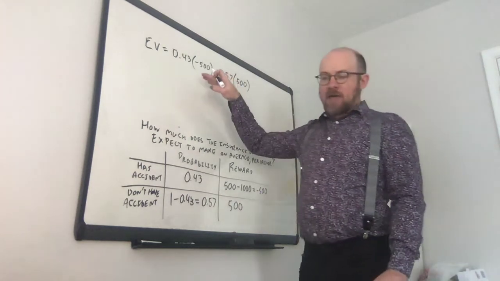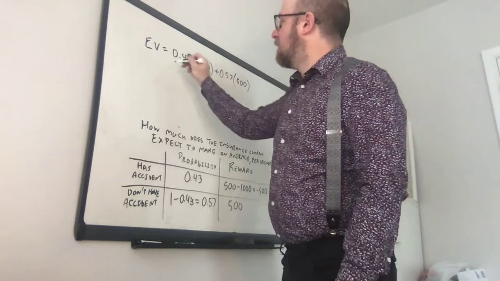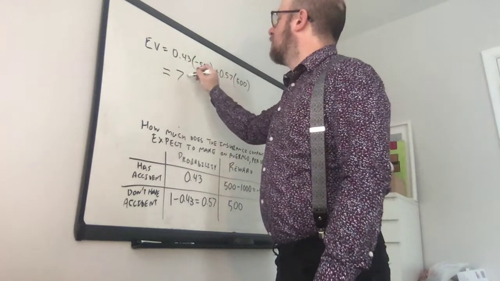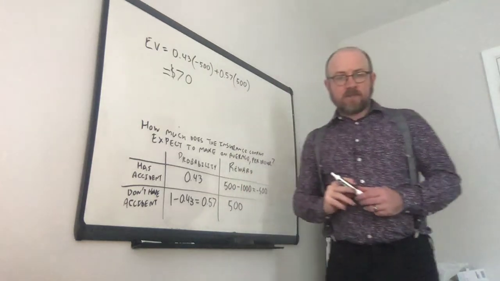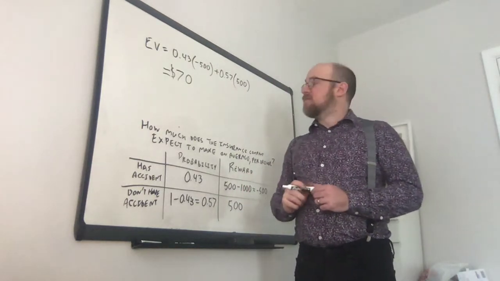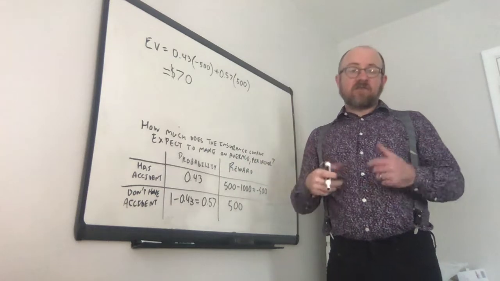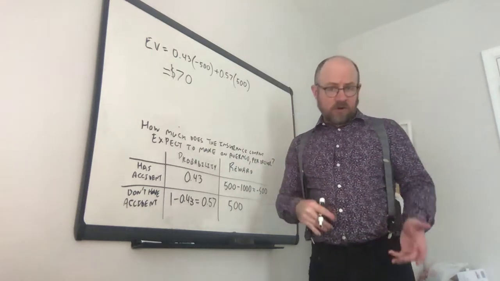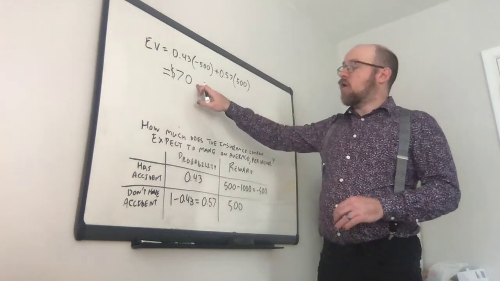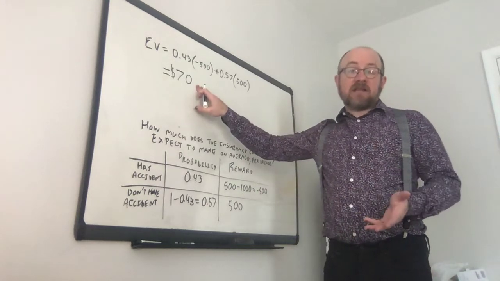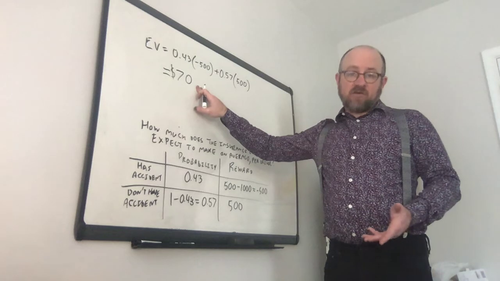We multiply them out, we add them up, and I have this in my notes. The answer is $70. Okay? So what this means is that if you charged this $500 for premiums, and there's a 43% chance that you have to pay out $1,000 for an accident, on average, you're going to gain $70 per policy that you sell.